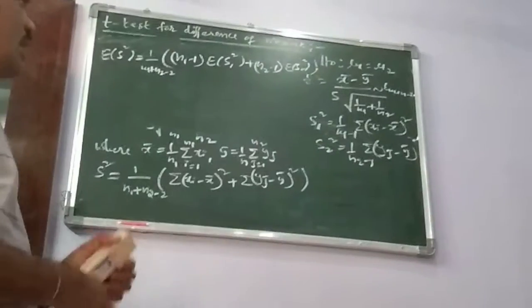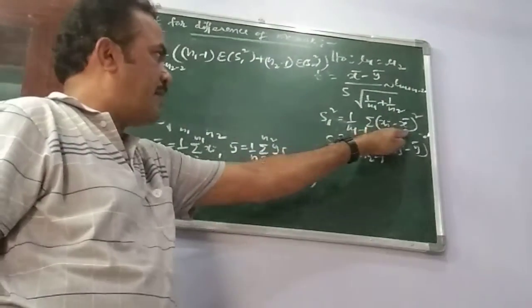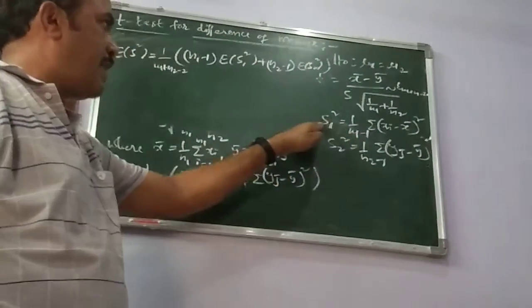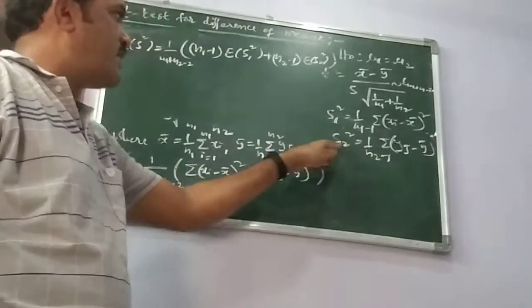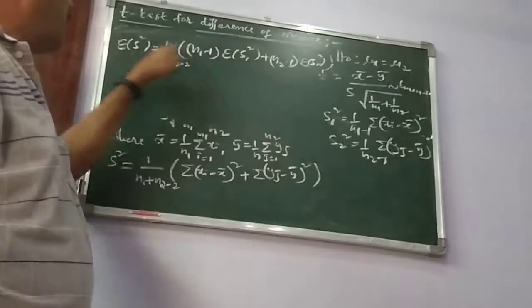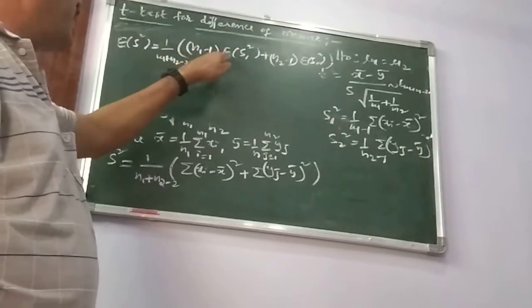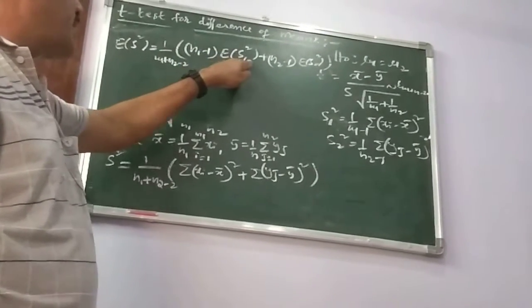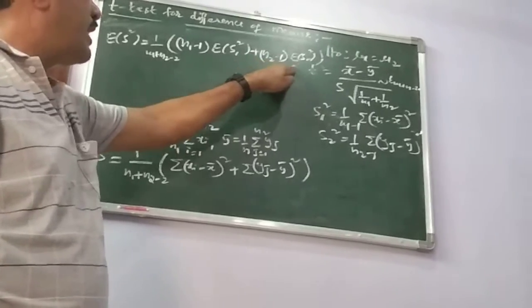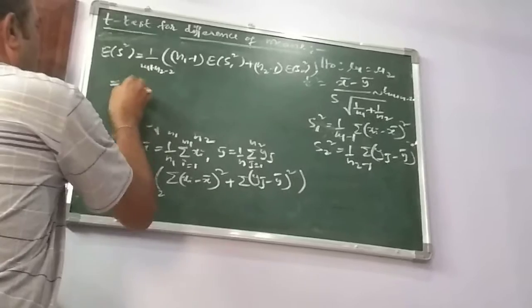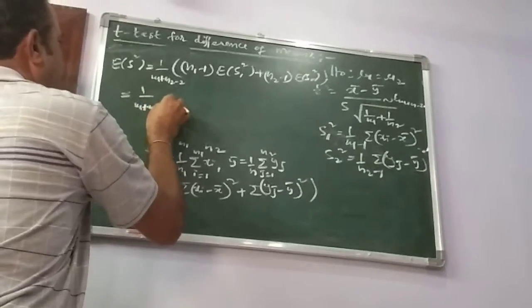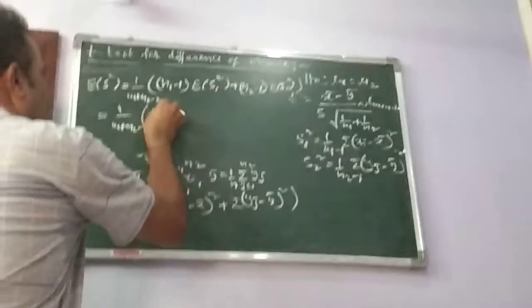So summation of (xi minus x bar) whole square equals (n1 minus 1) times s1 square, and summation of (yj minus y bar) whole square equals (n2 minus 1) times s2 square. Then applying the expectation, we get 1 by (n1 plus n2 minus 2) times [(n1 minus 1) expectation of s1 square plus (n2 minus 1) expectation of s2 square].